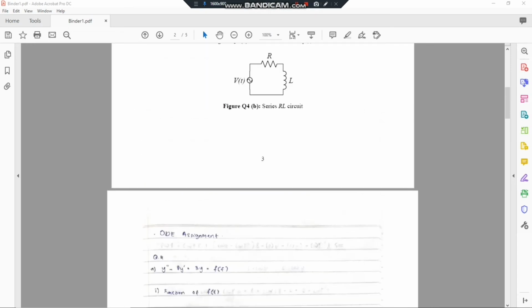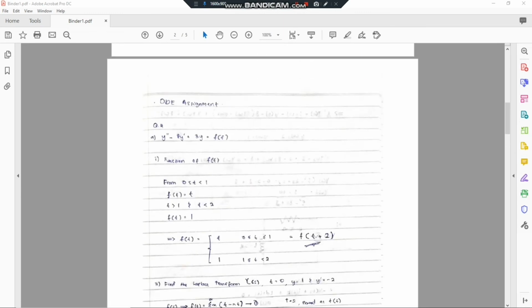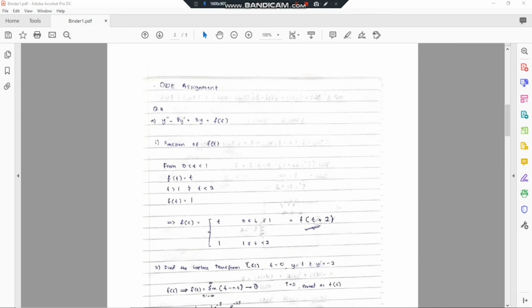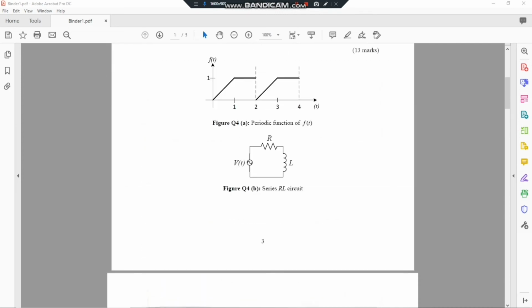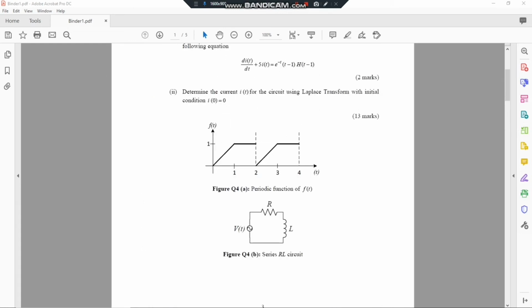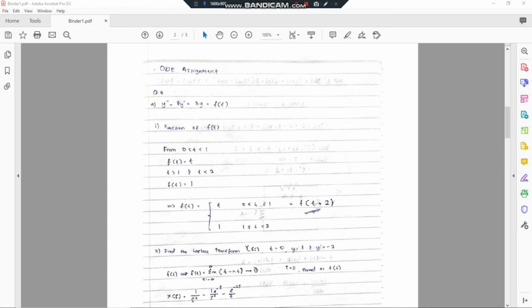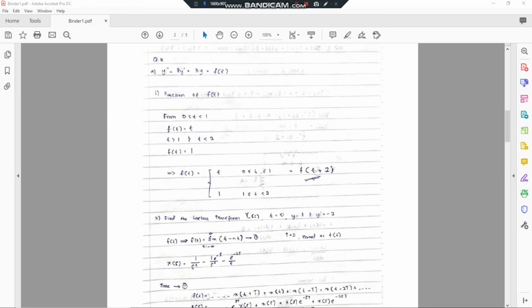As we know from the figure, from 0 to 1, f(t) equals t, and for t bigger than 1, we look at the figure, t from 1 to 2. Then we get f(t) equals 1.